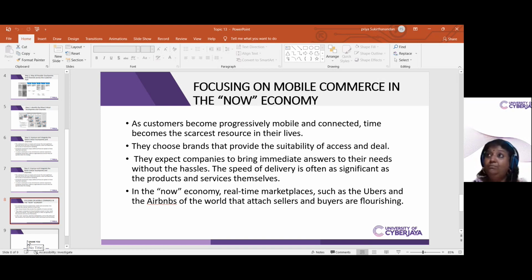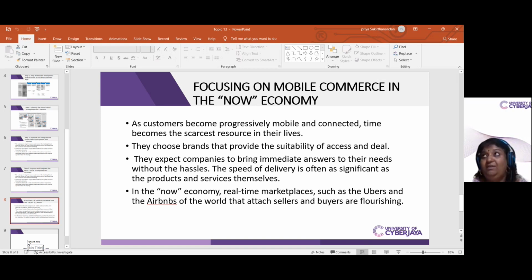So as customers become mobile, that means they're always on the go. You must be able to ensure that the products or services that you're offering would enhance accessibility for the customers. Okay, the customers would expect companies to give immediate answers to their needs without hassle.